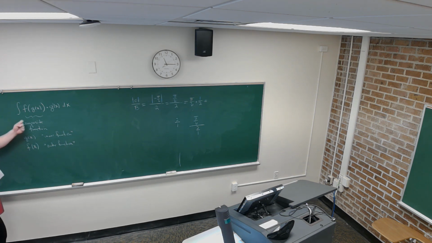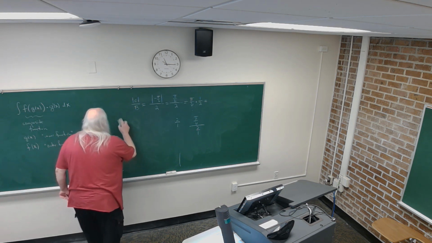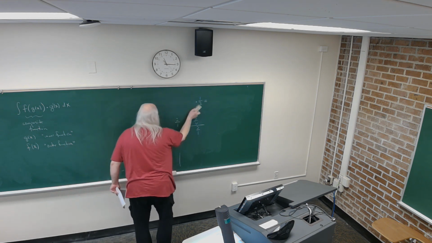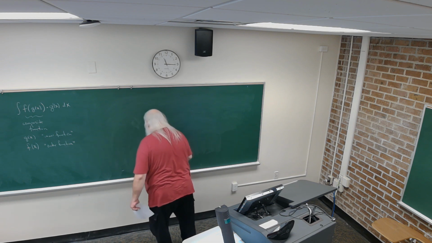So our integrand is the composite of f with g, times the derivative of the inner function, g prime of x. Okay. How do we find that antiderivative? What we do is called a variable substitution.